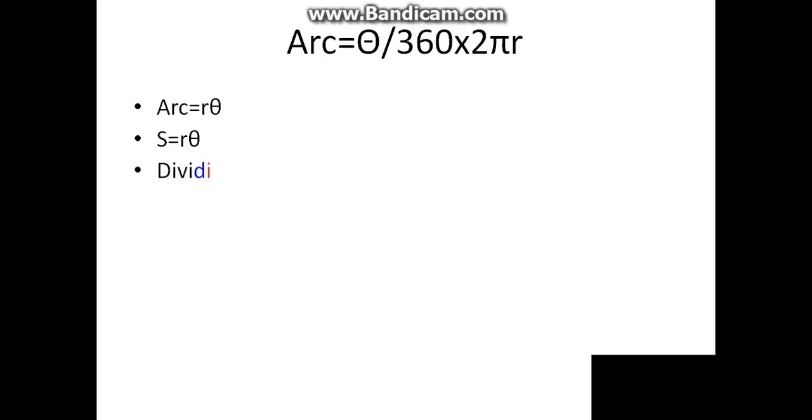Dividing both sides by t, we have s over t equals radius times theta all over t. We now discover that s over t, distance over time, is the velocity, equal to radius times theta over t, where theta over t is the angular velocity.